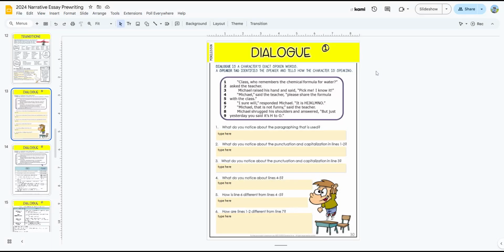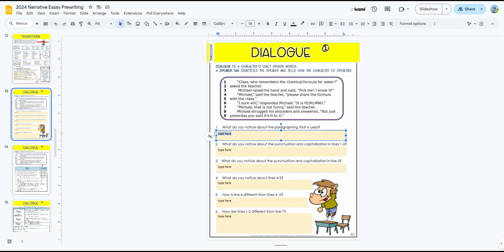Ha ha ha. Okay, number 1 says, what do you notice about the paragraphing that is used? What do I notice? I notice that every time a new person talks, there is a new paragraph.